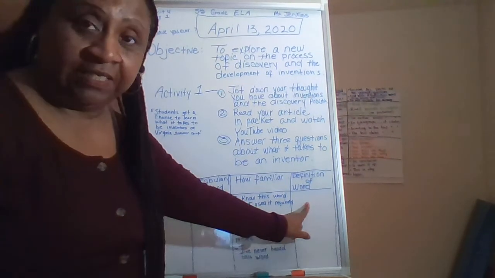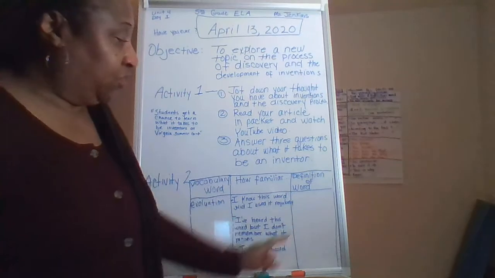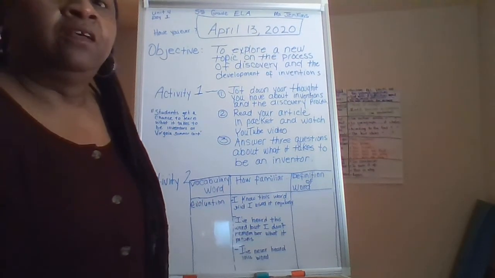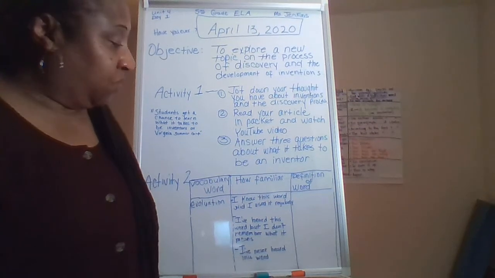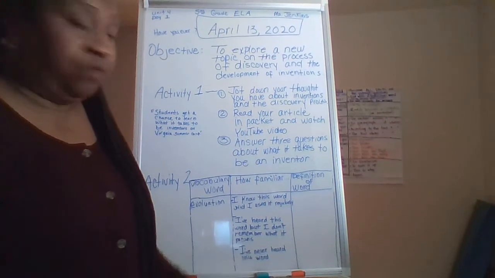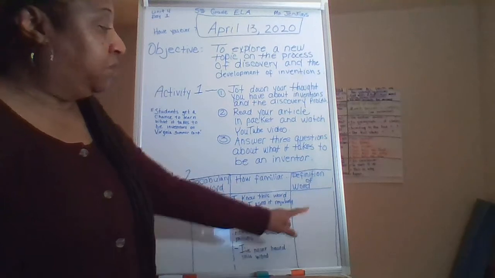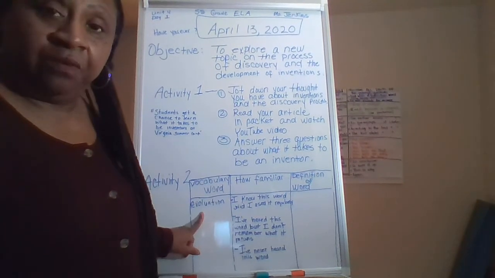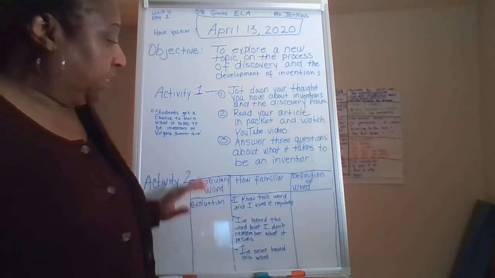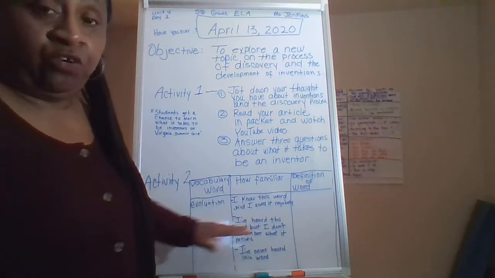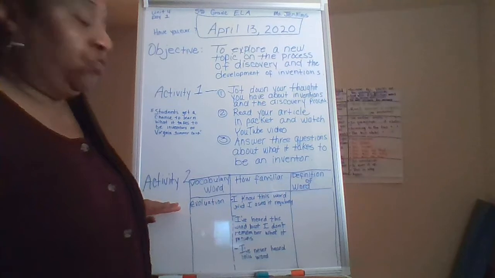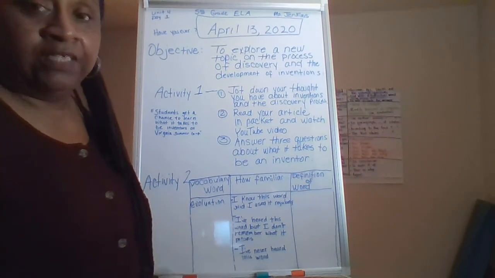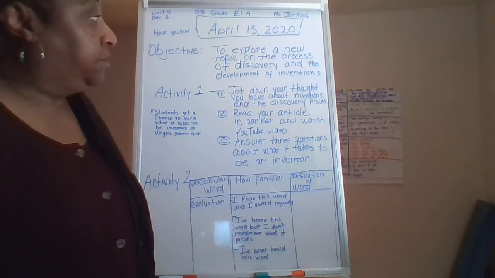Then I want you to type the definition of the vocabulary word. Okay? So if you don't know the word, or if you never heard the word, you must give me a definition of your content vocabulary word. So that is how you will use this chart. This chart is in your Activity 2. That is how you would use your content vocabulary chart.